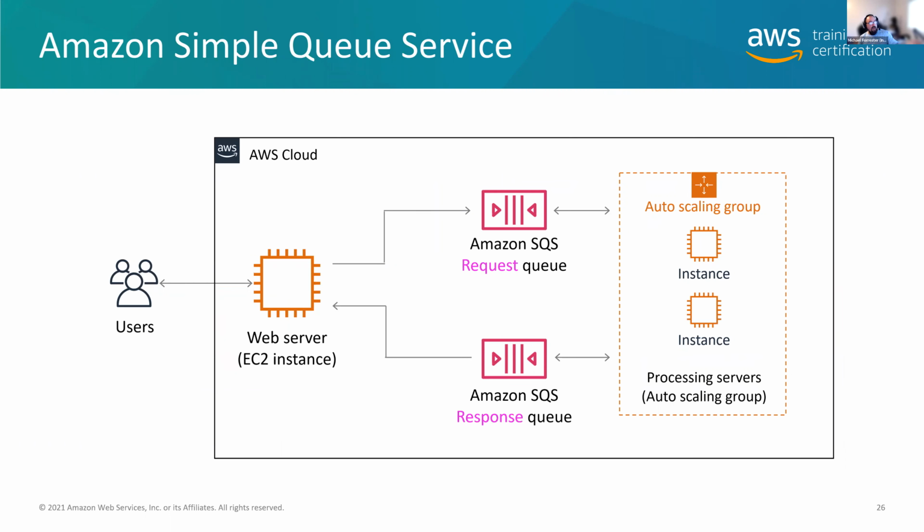Here's another example where the auto scaling group is processing both queues. One is a request queue and the other is a response queue, meaning the web servers might be checking the response queue in order to reply. This way you can still get messaging to go through the front end, but it's done asynchronously.